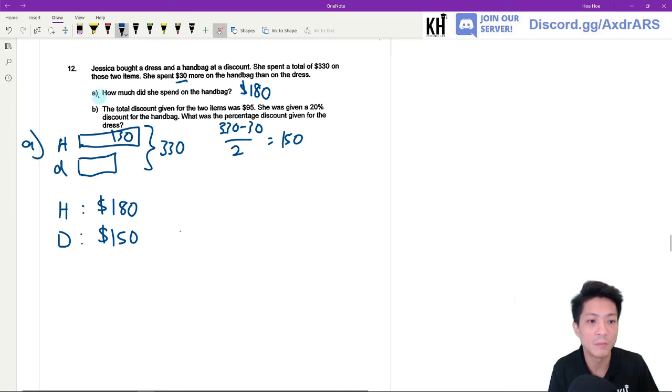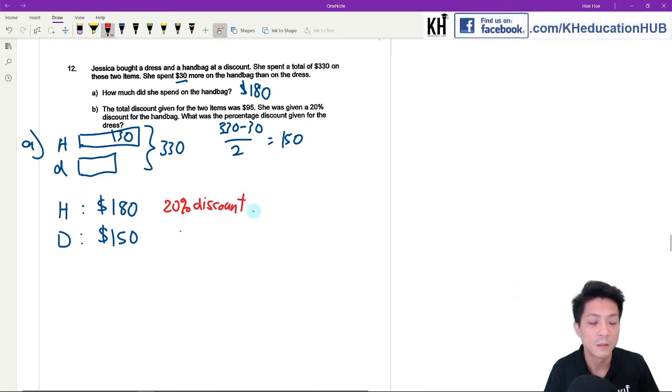Now for part B, the total discount given for the two items is $95. Okay, she was given a 20% discount for the handbag. Let's do it in red color. Handbag, there's a 20% discount. Okay, which means that this $180 is at 80%.